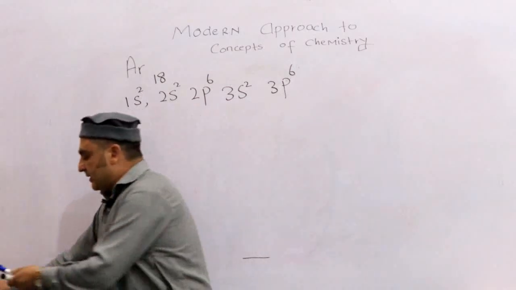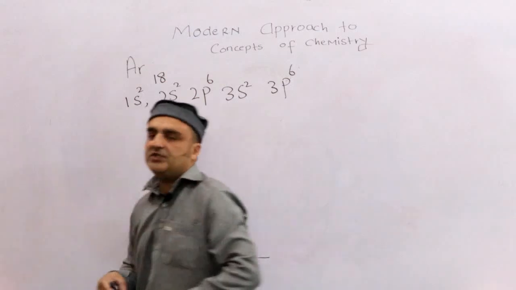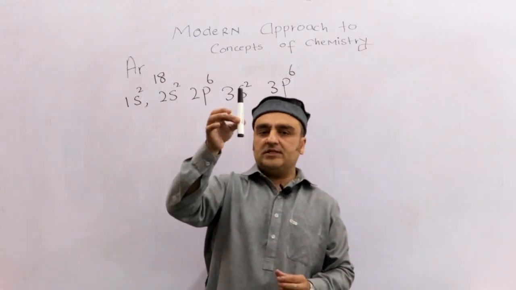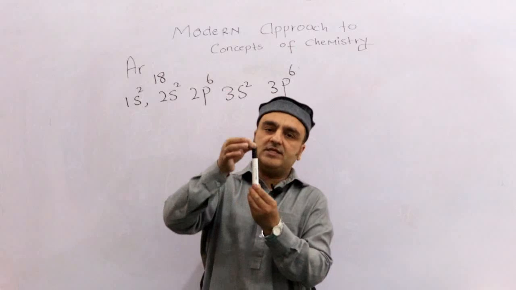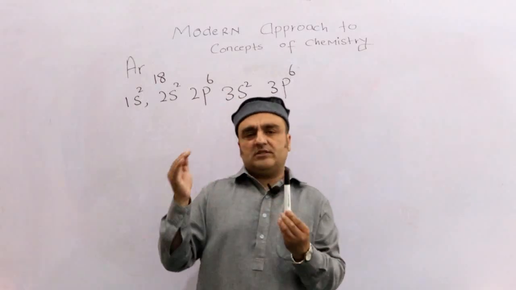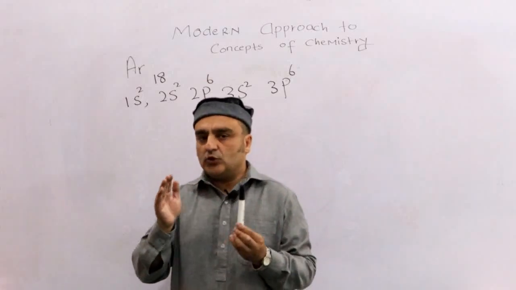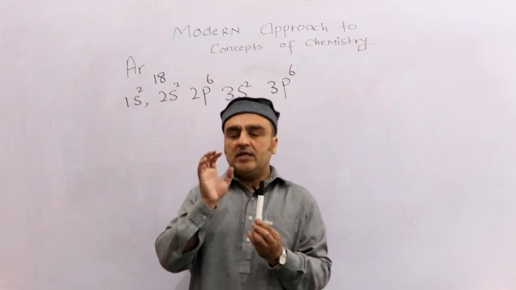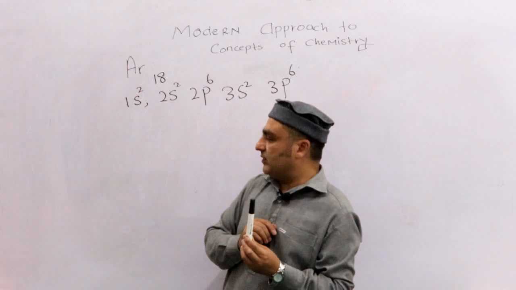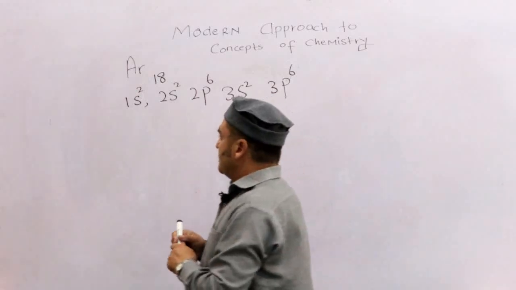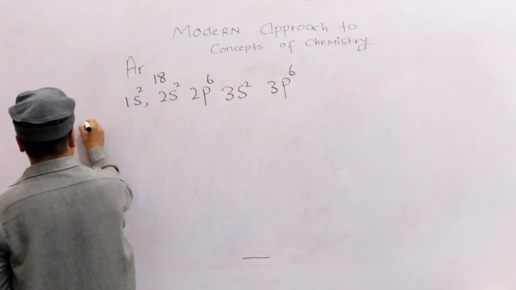By convention they take this as z. This is the z direction. So let us select the 2pz orbital and the 3pz orbital. So let's say this is the 2pz orbital.